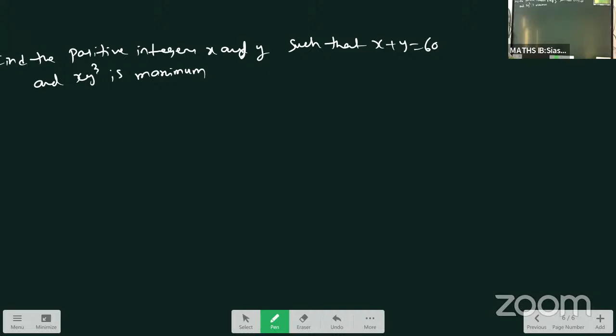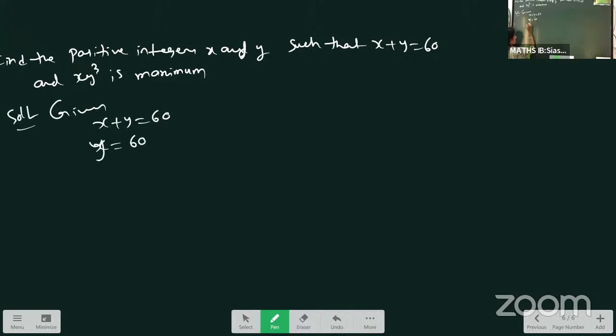For finding maximum means f double dash of something value, we have to get less than 0. So for that, take the given equation. Solution goes like this. Given x plus y is equal to 60. So x is equal to what?